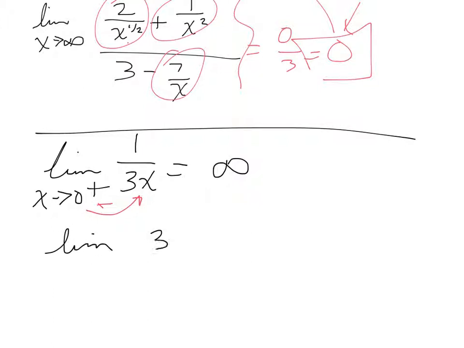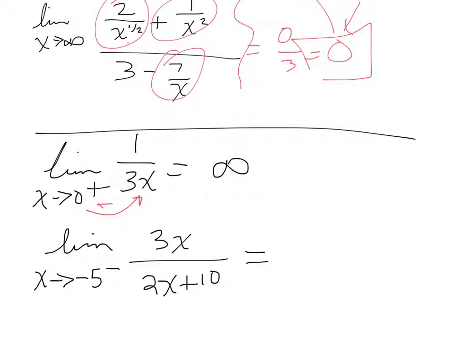How about the limit of 3x over 2x plus 10 as x approaches minus 5 from the left? If you have to take the trouble, you're on a number line here, I'm approaching it from the left, plug these values in.